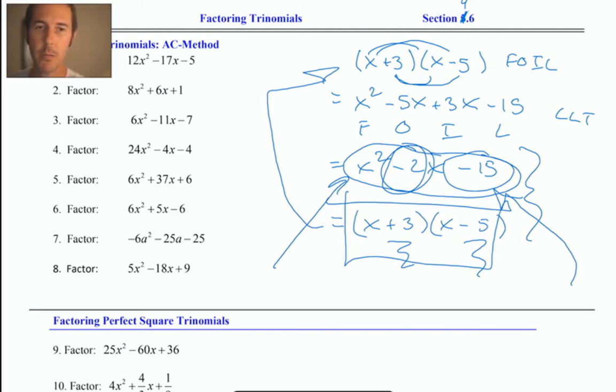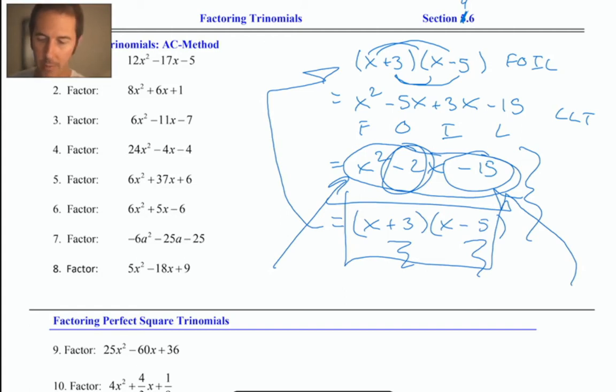You'll notice that all the problems to the left, however, are different. The thing that makes them the most different is none of them say 1x squared. They all have larger leading coefficients. So we're going to need a different approach.